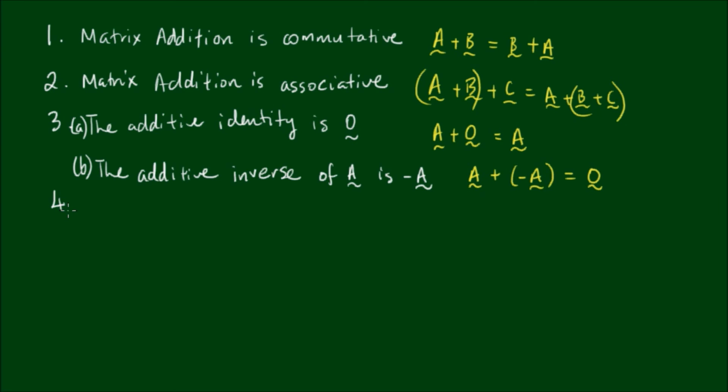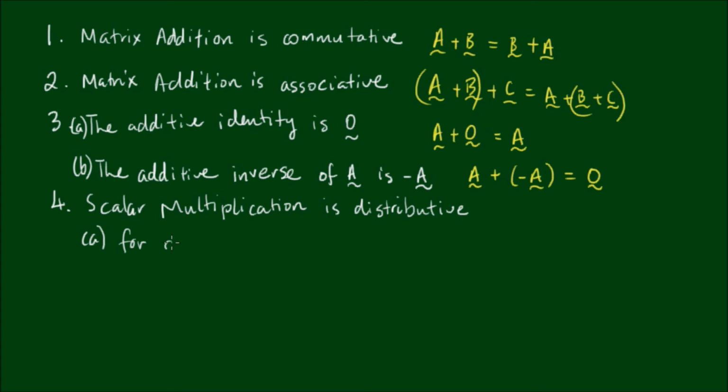Law number 4, scalar multiplication is distributive. And for part A, we say that it's true for the addition of scalar multipliers.